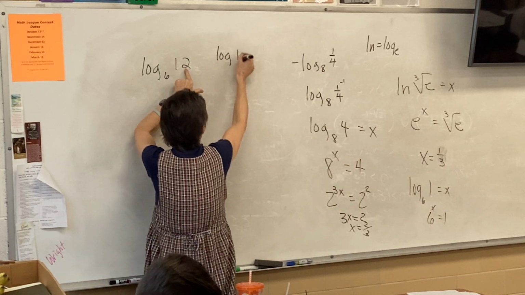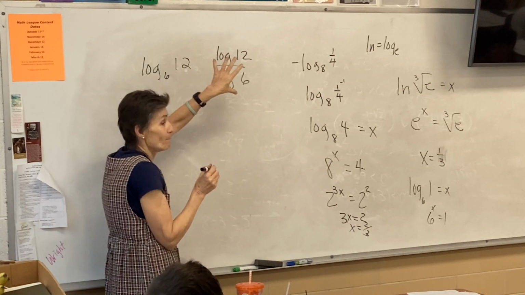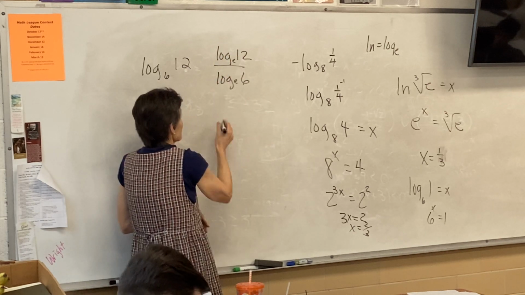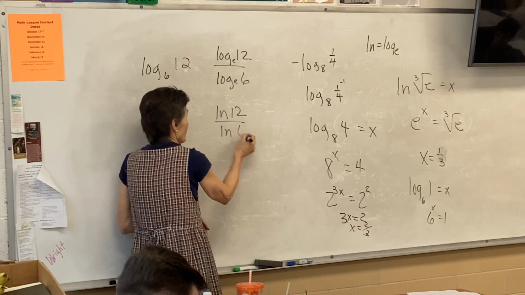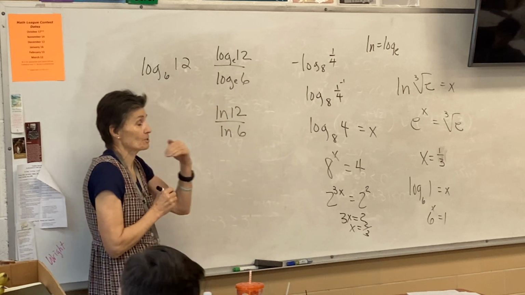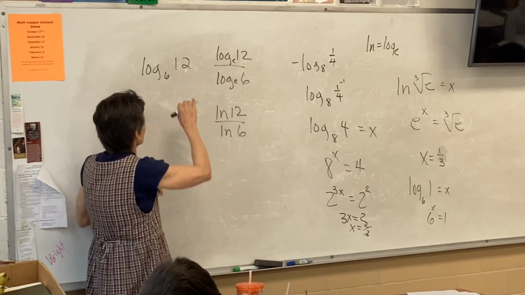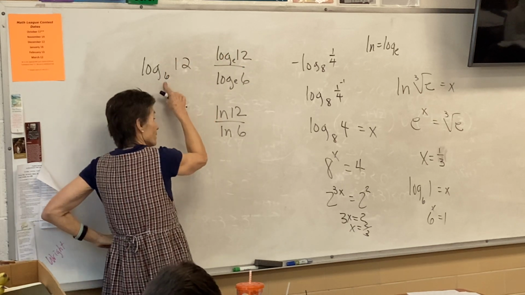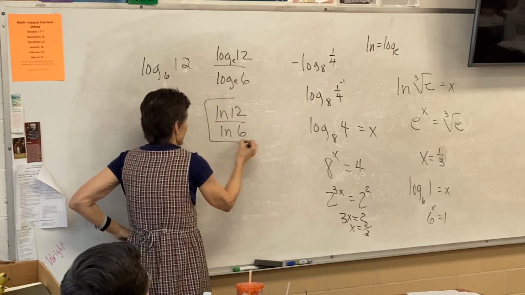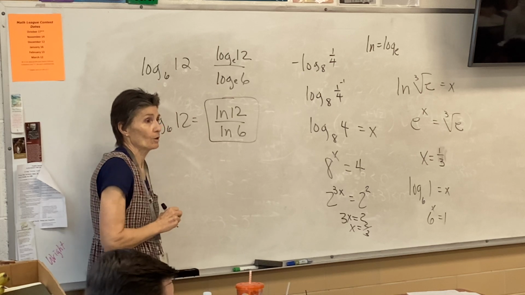Log 12 over log 6 every time. And you can make that whatever base you want. So in this case, we want base e. So it'll be ln 12 over ln 6. You could make it base 10, it'd be log 12 over log 6, you could make it base 3, whatever base you want. This formula, log this over log this, any base you want. So there it is. This is now written as a natural logarithm.